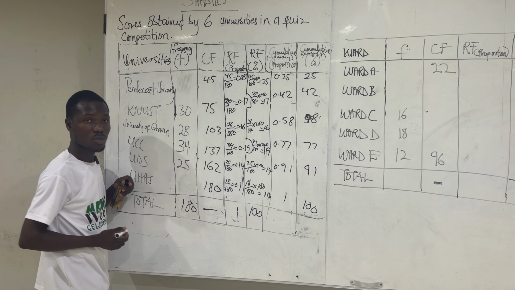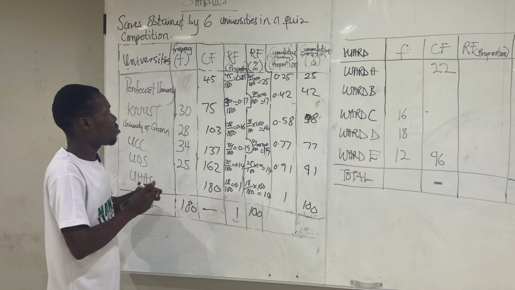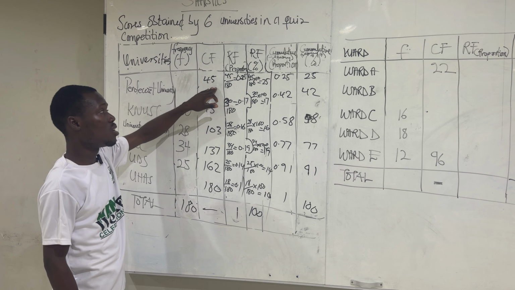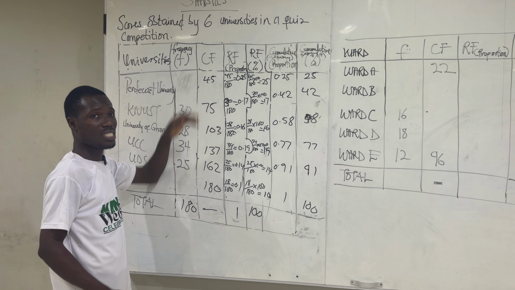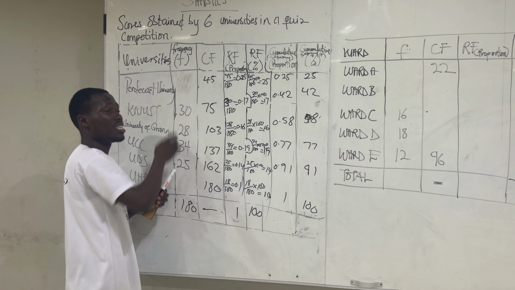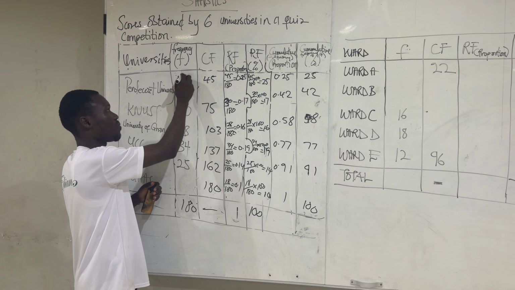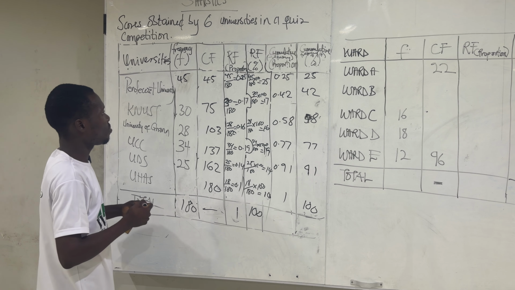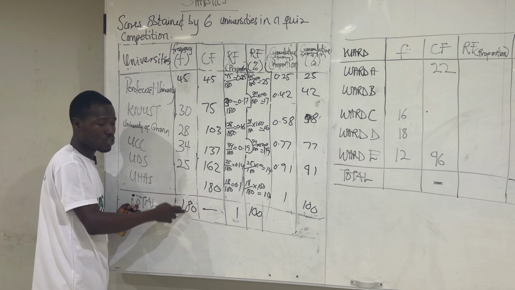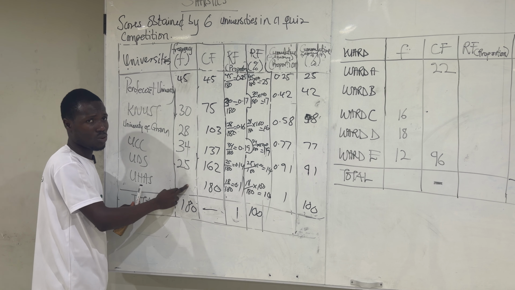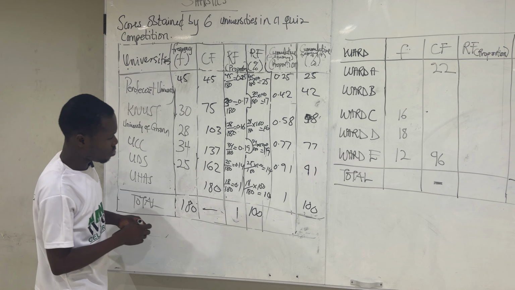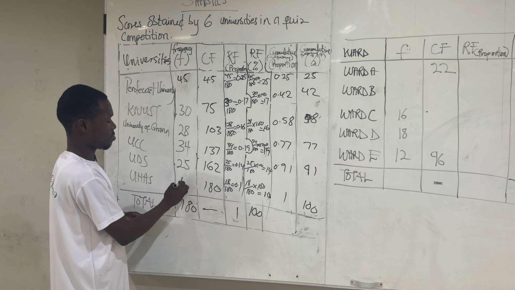Then the principle is that your first frequency is always your first cumulative frequency. So even if you were not given the first frequency, you know that this 45 will be the same as this one. So here will be 45. Then you can add everything together and subtract it from 180 to get the value for this one, and when you do that, you get 18.